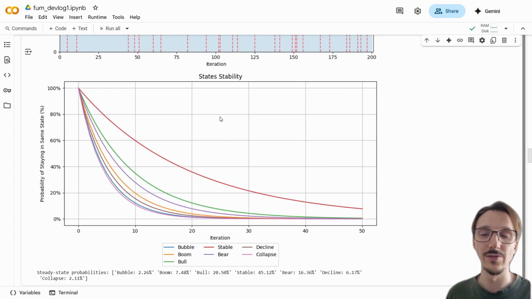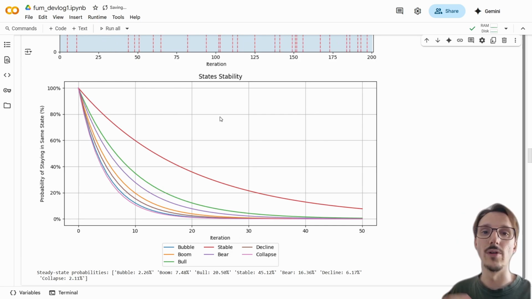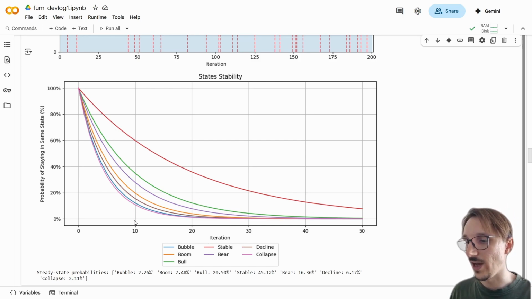So as you can see, this graph shows the state stability. To go deeper into this graph, for each state, you got the probability that it will stay for a number of iterations. So in this example, the stable state in red has a 60% chance of staying for 10 iterations or less.